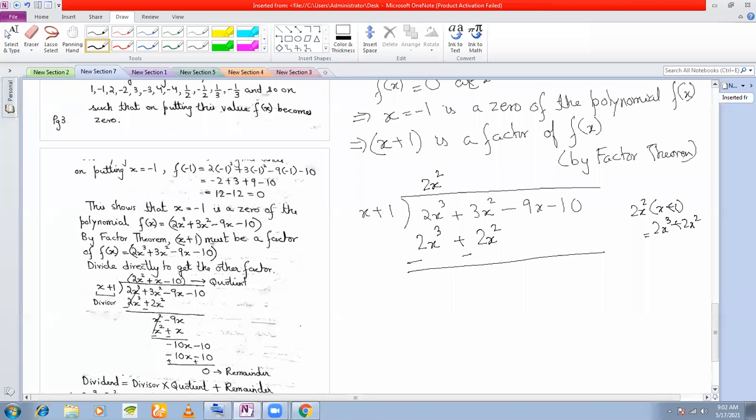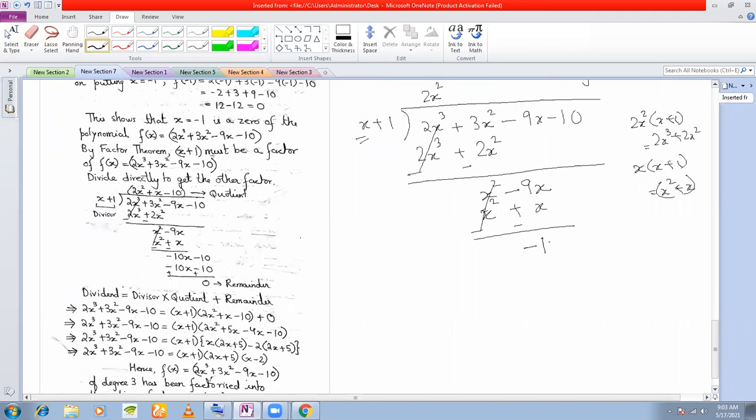Subtract. This cancels. You simply get x square and you bring down minus 9x. So now you have x square here, so you need to multiply x plus 1 by x to get x square plus x. Subtract, cancels.